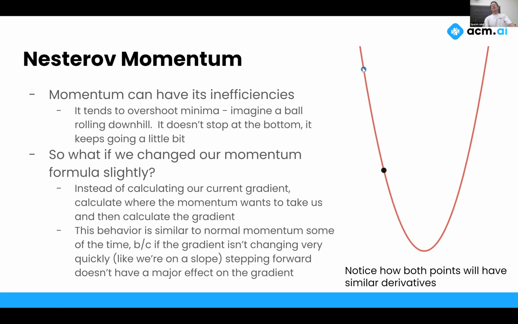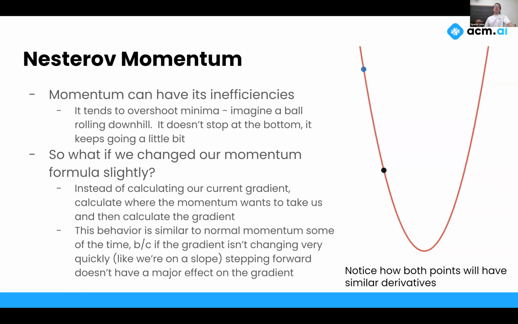Say we're at the blue point and the momentum is saying that we want to end up at the black point. The gradient at these two points is very similar. It's going to behave pretty much the same whether we look at the gradient at this point or at that point, because either way it's a relatively steep slope, and so our change to momentum is pretty much going to be the same in both cases.